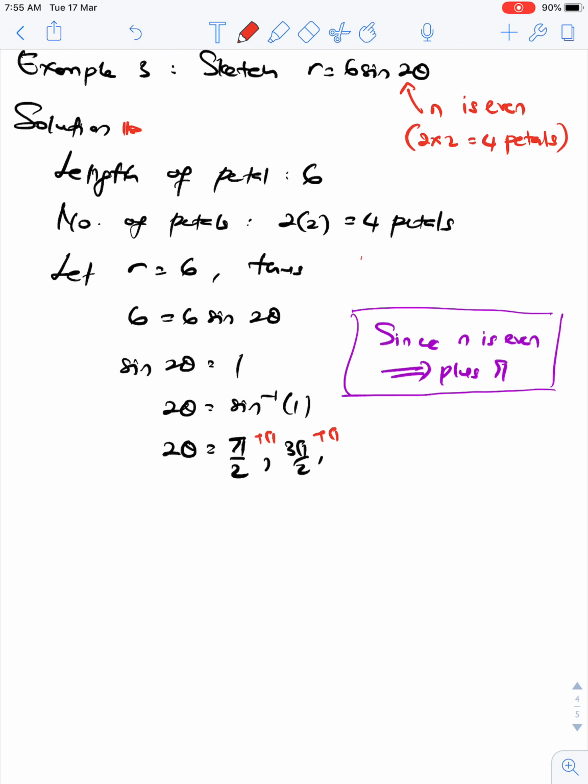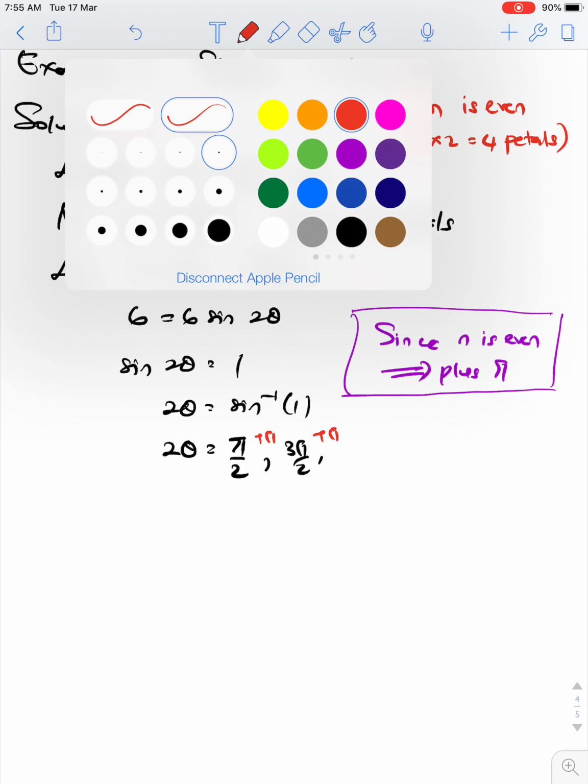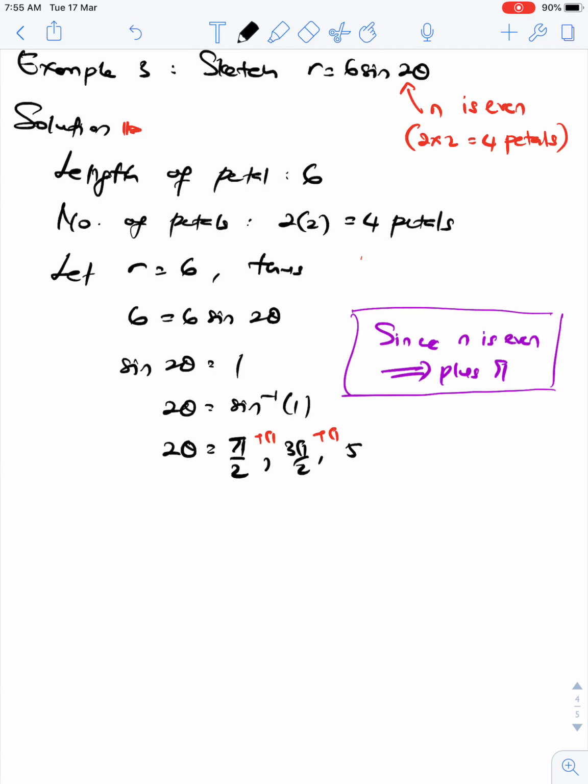So since we have 4 petals, we need to find 4 angles. So plus pi again we get 5 pi over 2, plus pi again we get 7 pi over 2. Now we have theta equals pi over 4, 3 pi over 4, 5 pi over 4, and then 7 pi over 4.